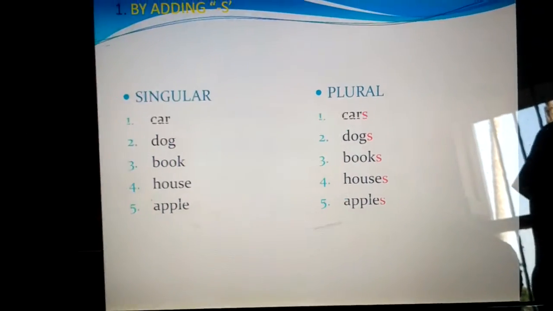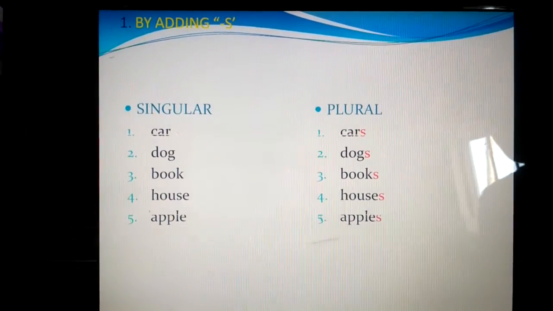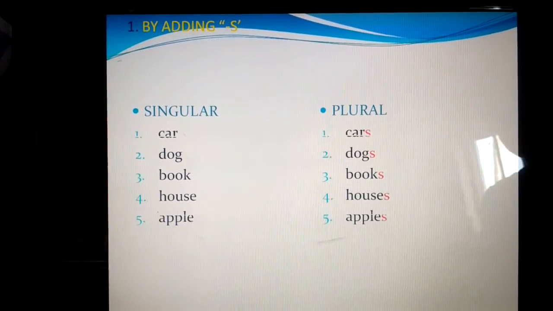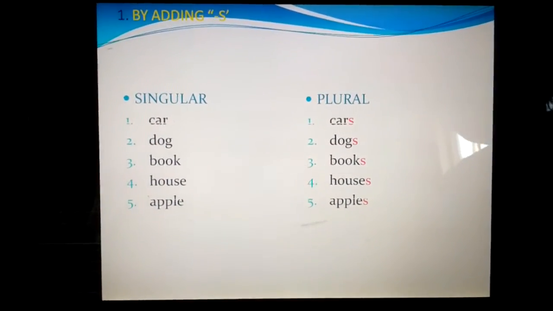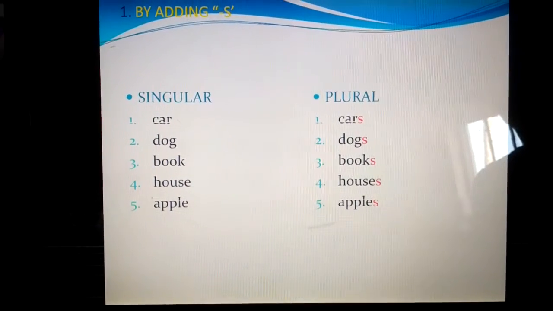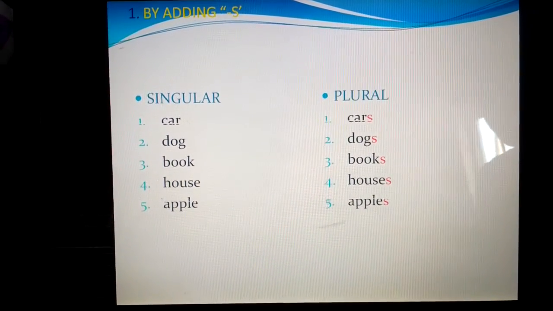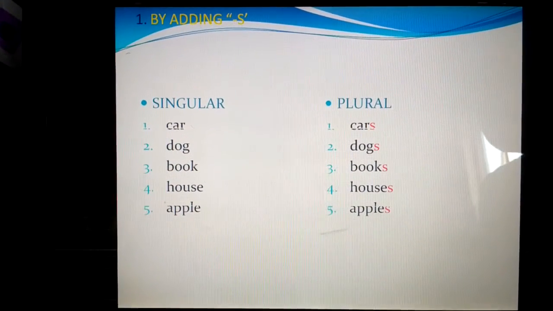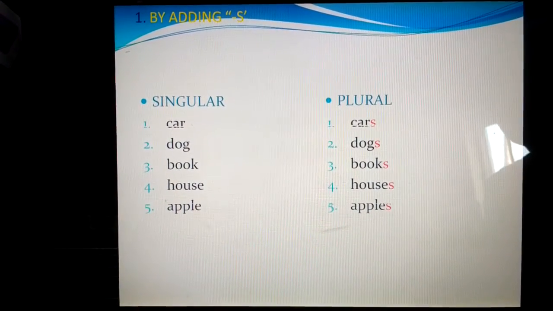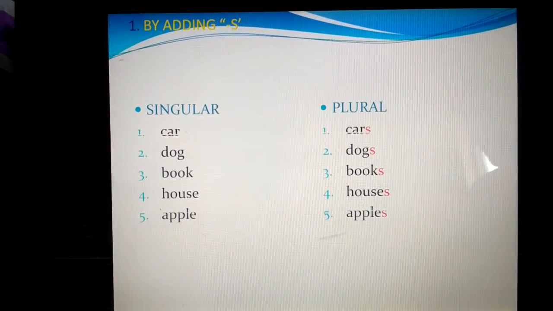So let's start the first rule of changing singular to plural noun. This is a very general rule of regular plural noun forms, because we add s.